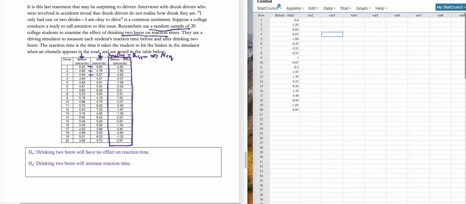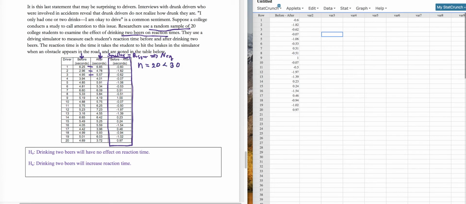So this becomes our single data set, and we proceed just like we would with a hypothesis test of any single population.